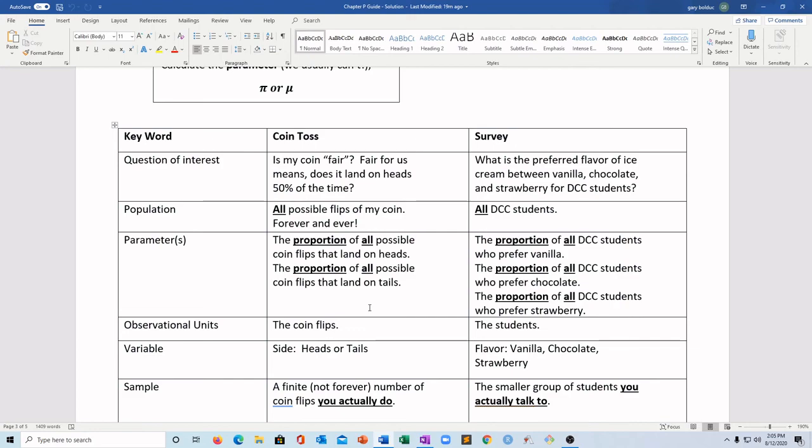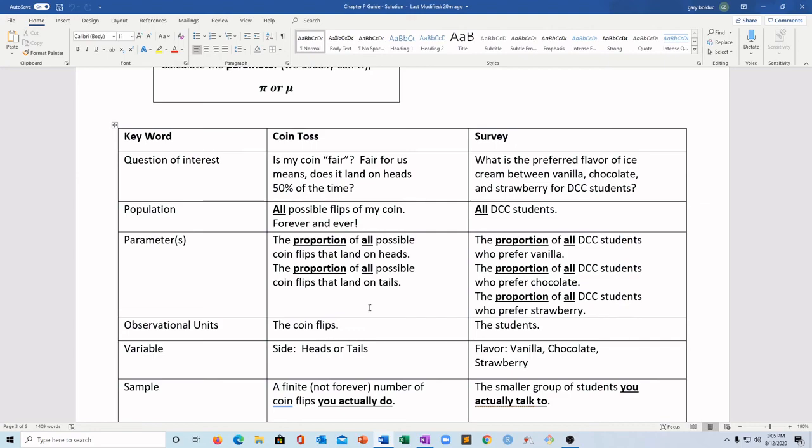So you're picking between these three, but you don't want to just pick randomly. You want to try to figure out, well, what do DCC students like? Because I should get the flavor that the highest proportion of students at the school will like. I don't want to just pick randomly. But again, it might be hard to ask everyone, so that's going to play into these pieces coming later.